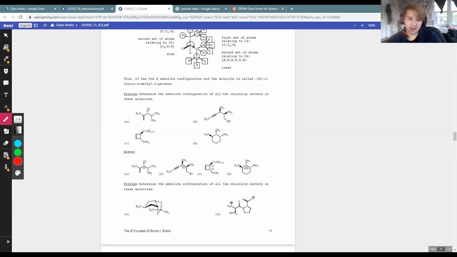Some notes about ranking, continued. Okay. Let's say that we have this molecule.